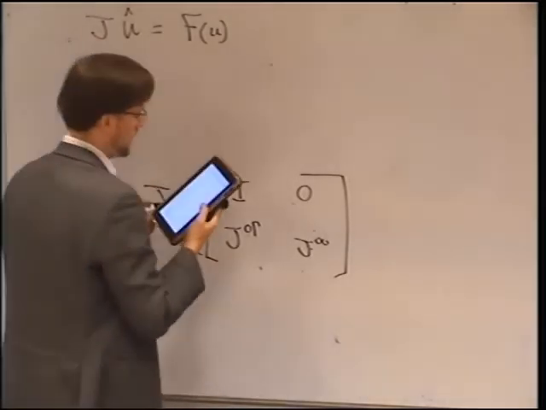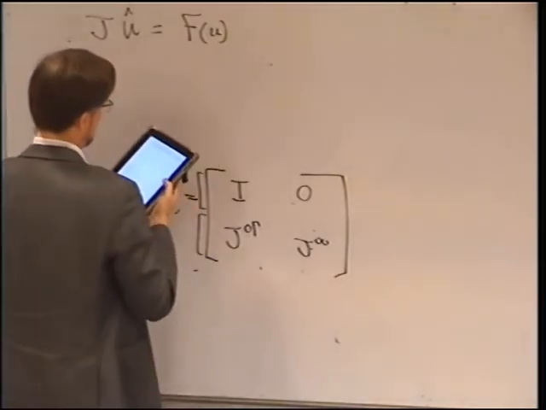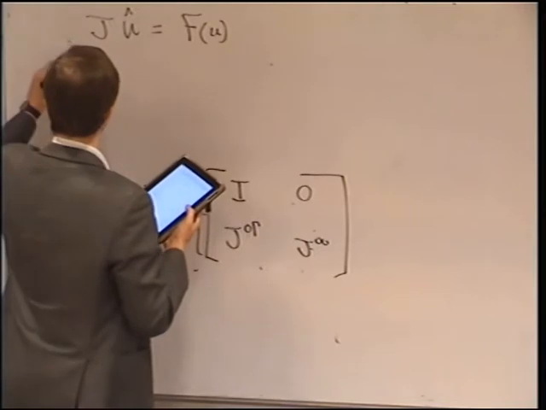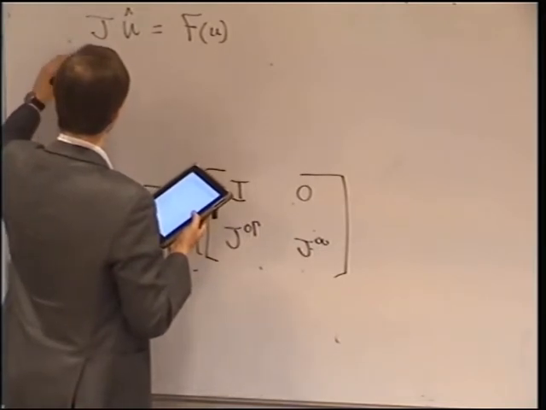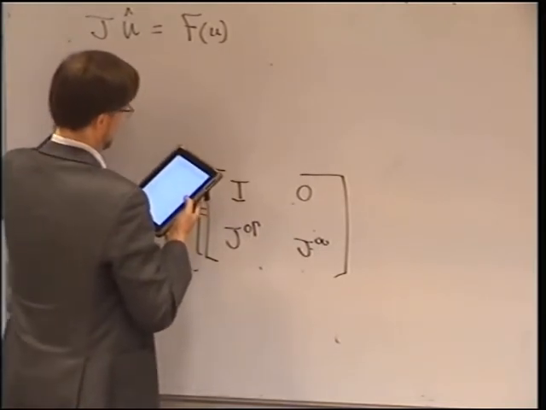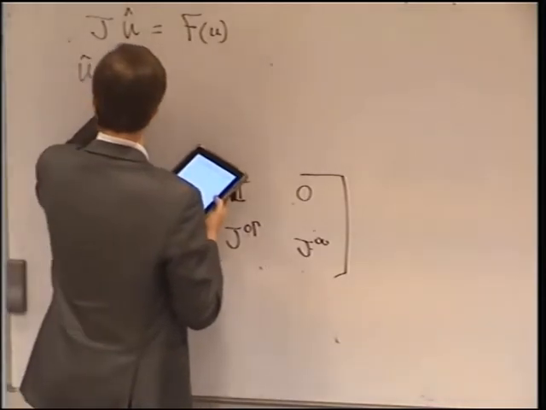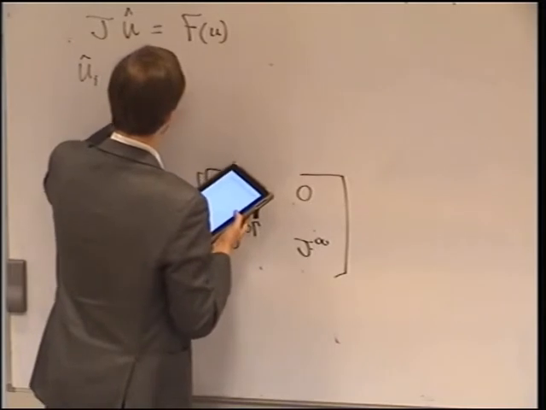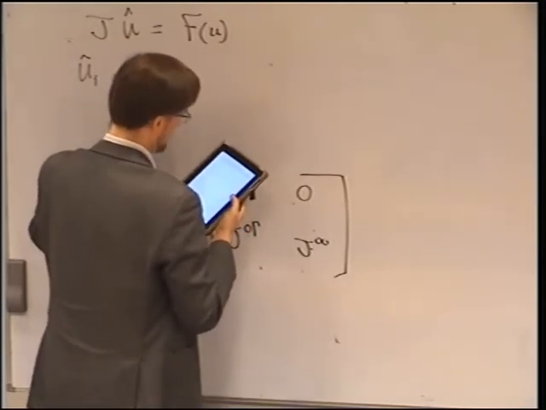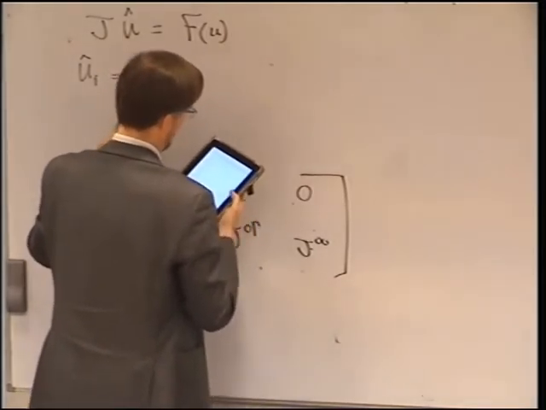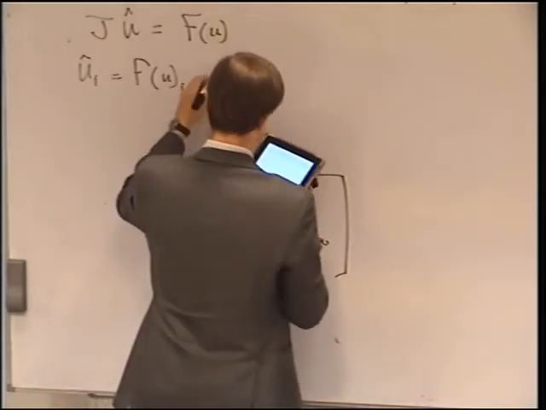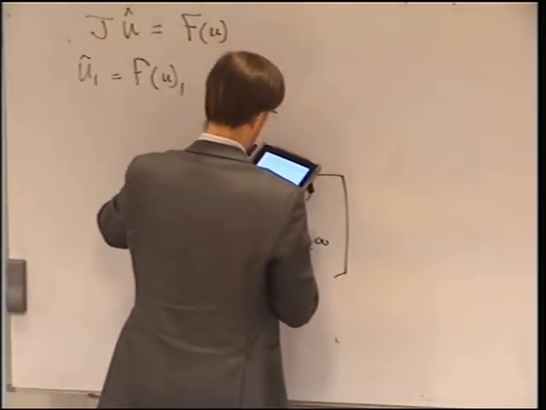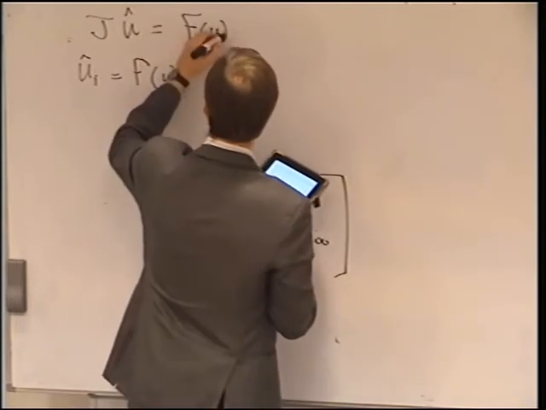So what we know is that u hat I equals f u I. I'm missing a v of that u.